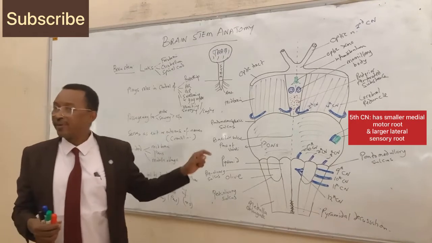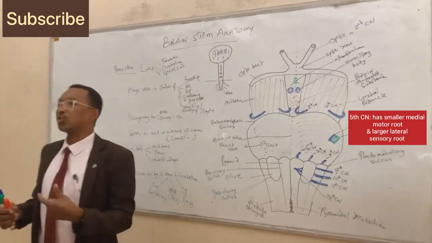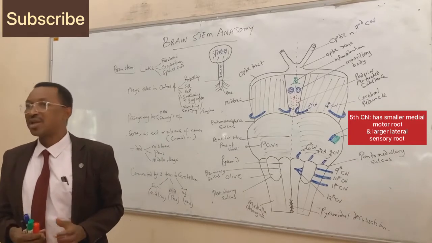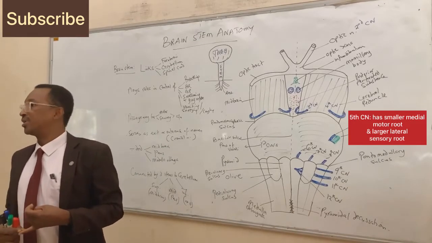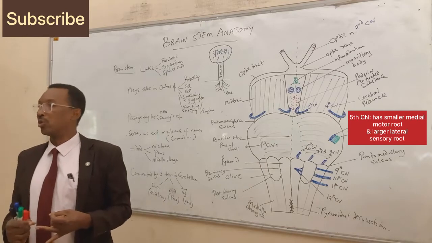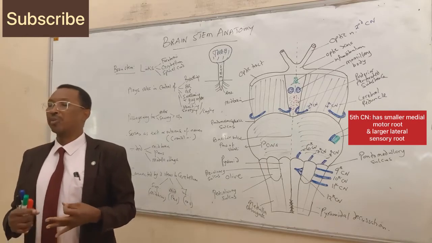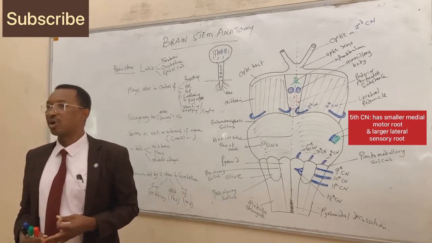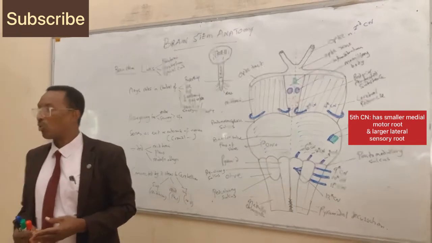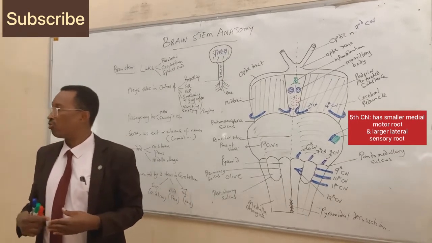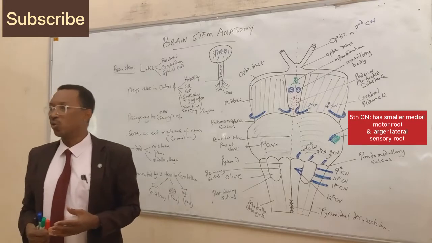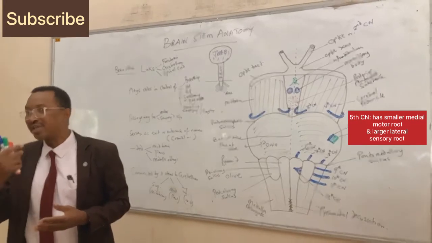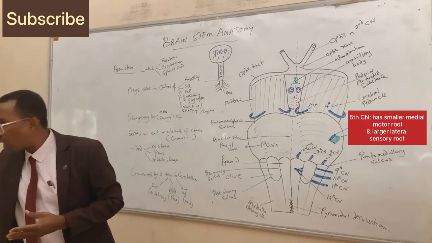So the brainstem is responsible for the control of all these autonomic functions. That is control of the heart rate, control of the blood pressure, control of the breathing pattern of our own self, control of vomiting. When we eat something that is no good for our body, we vomit it out. Sneezing, when some foreign bodies enter into our nose, we sneeze them out.